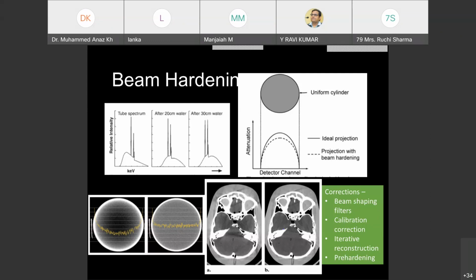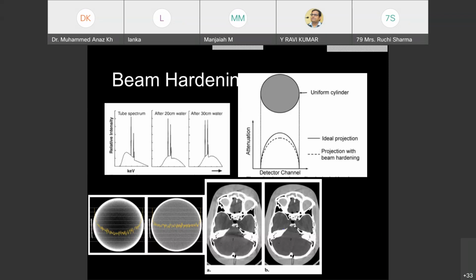For beam hardening, to compensate, there are beam shaping filters, calibration correction, iterative reconstruction, and pre-hardening. The pre-hardening strategy means you increase the radiation to compensate for this loss of information, like an error compensation kind of strategy, right?